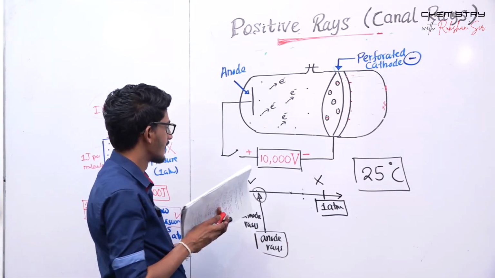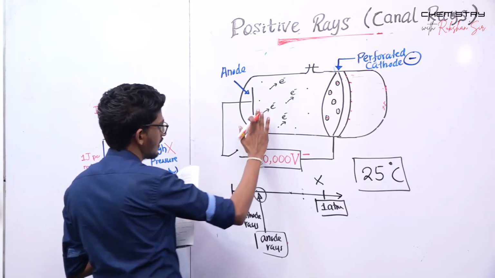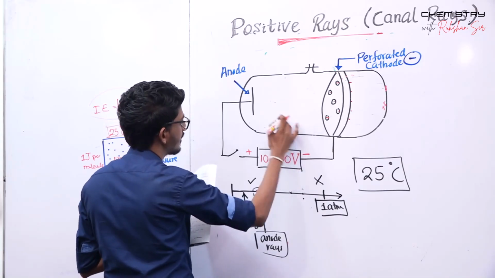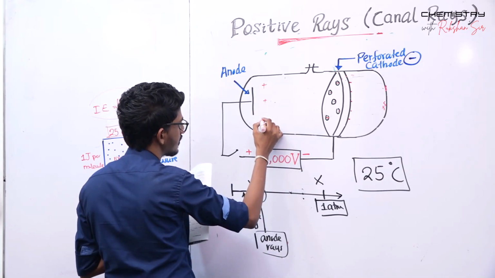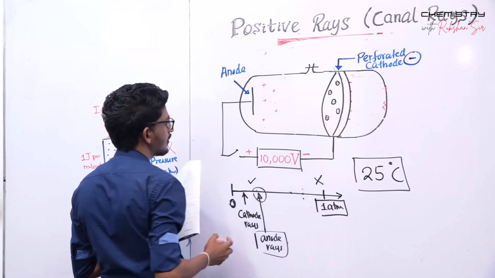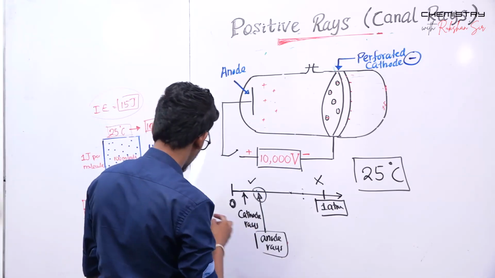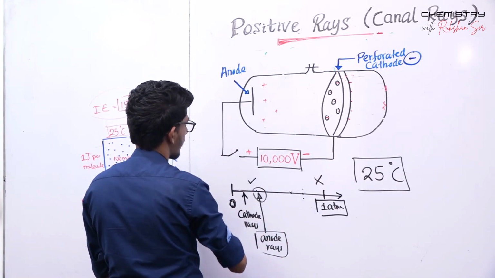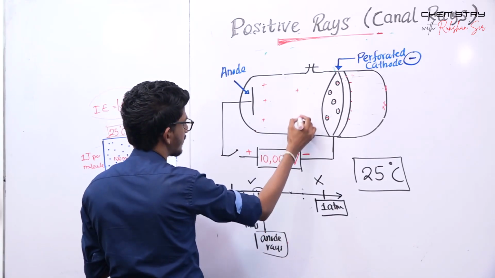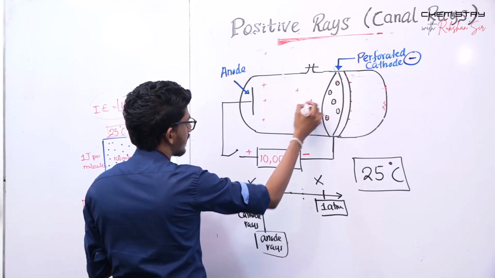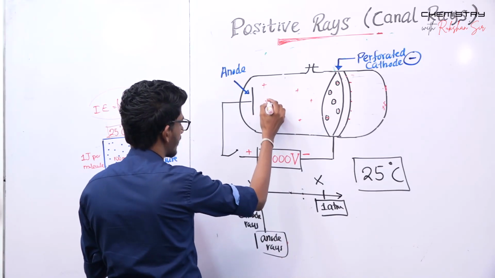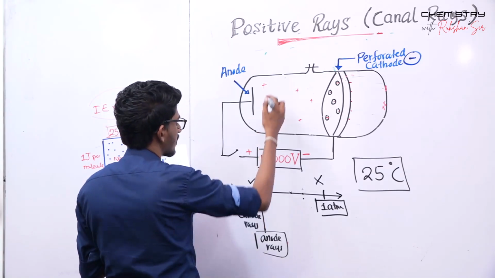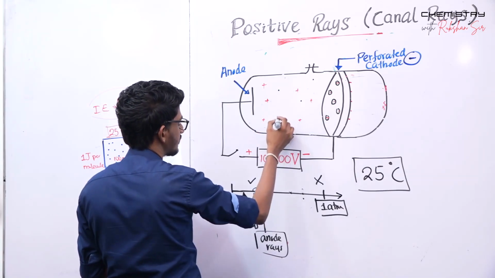So you have some ionized positive particles like this. Few ionized positive particles are there in the tube, and unionized particles are also there.